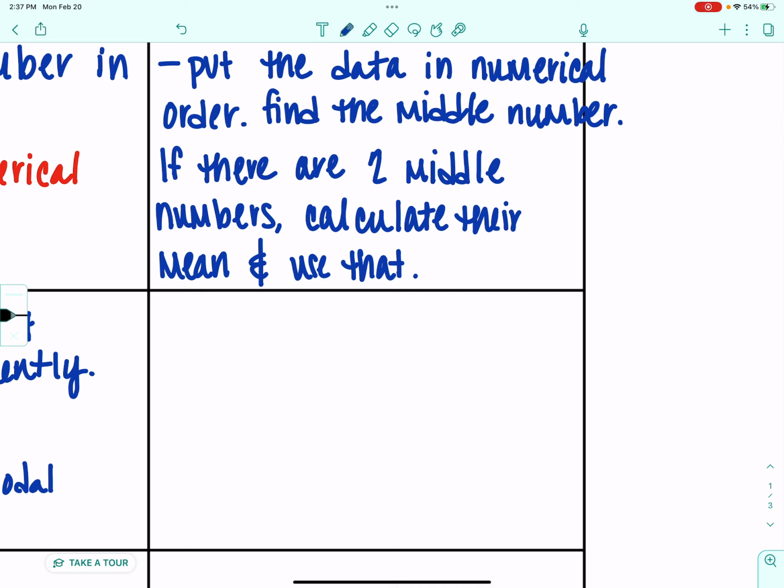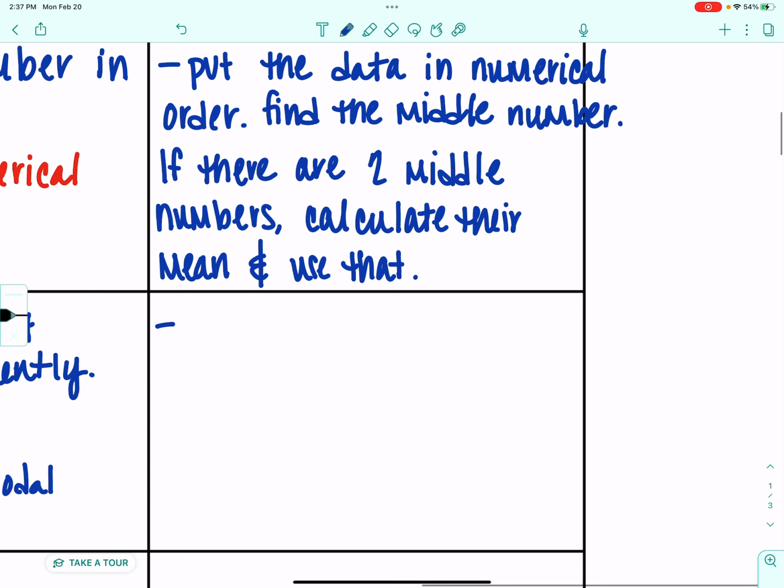Now, you don't necessarily have to put your set in order to find the mode, but it does help. So we are going to go ahead and say put it in order.